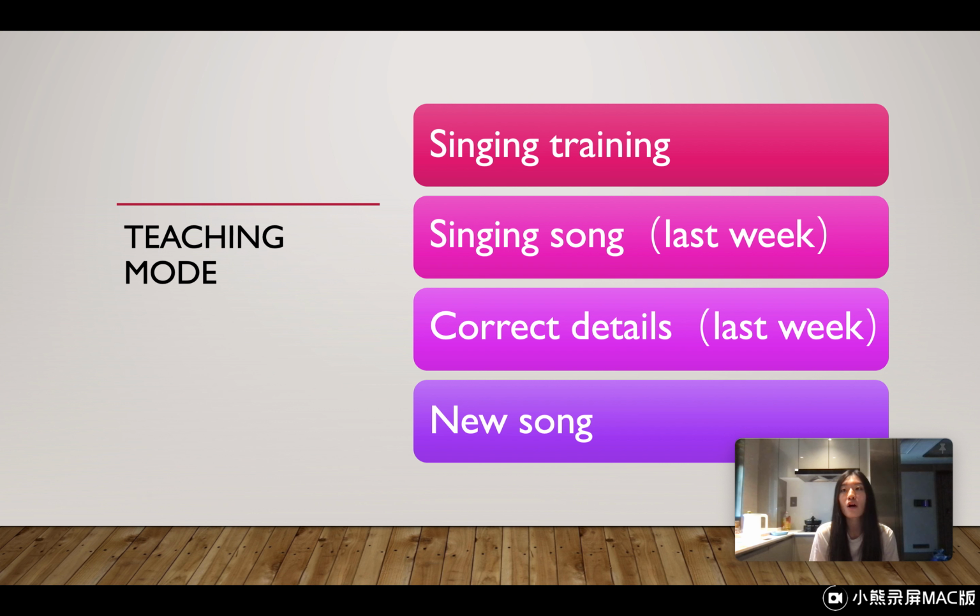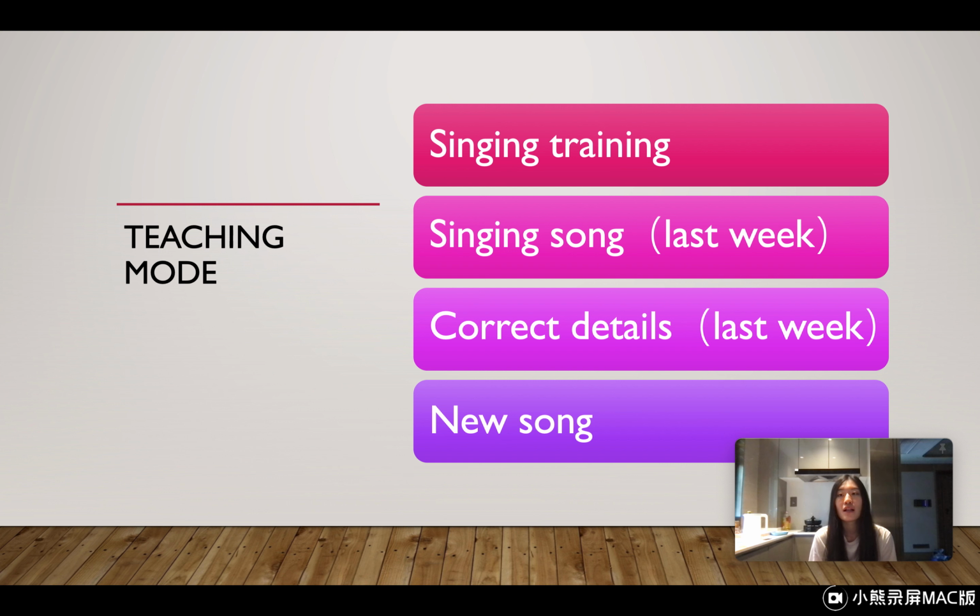Reviewing the homework of last week is also an important part of the vocal music course. Teachers need to check students' learning achievements after class, and often point out many problems in the homework, such as deviation in the pronunciation of some vowels or the position of the song in the track.